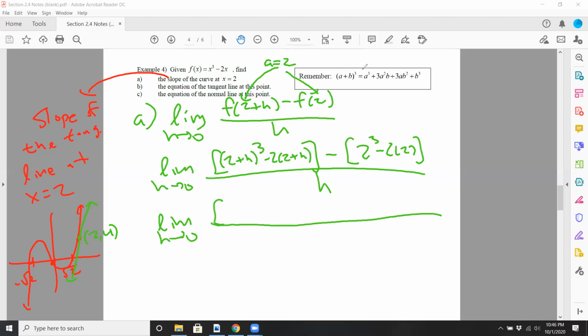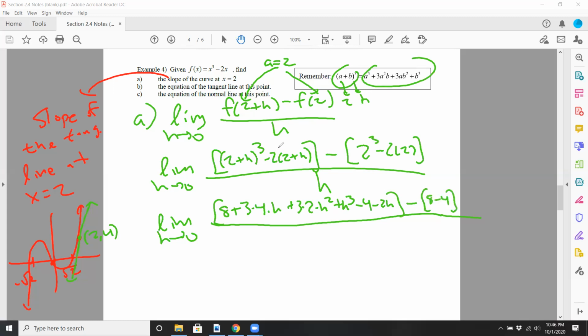Now you will have to expand this. It's a little crazy, but you can think of a being 2 and b being h here. So if I work that out, I think that's going to be 8 plus 3 times 4 times h plus 3 times 2 times h squared plus h cubed minus 4 minus 2h.